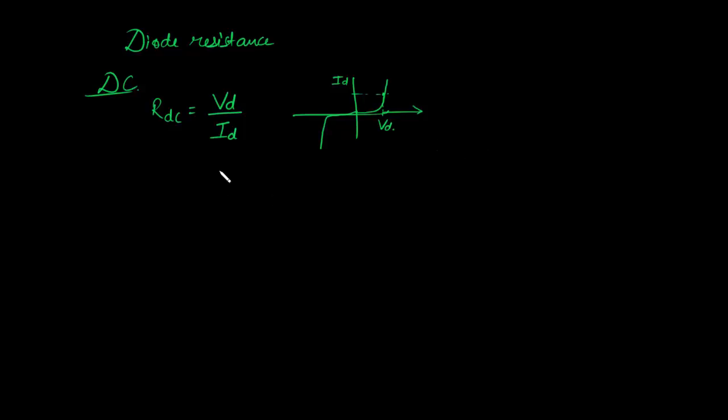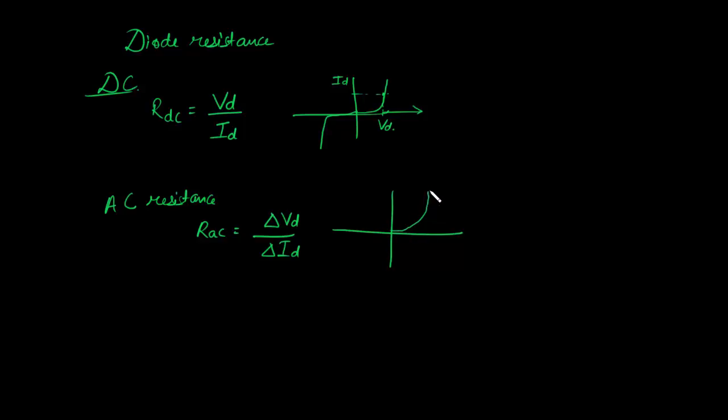Next comes the AC resistance, and this is given by RAC is delta VD upon delta ID. It is measured from point to point as change in voltage and current.